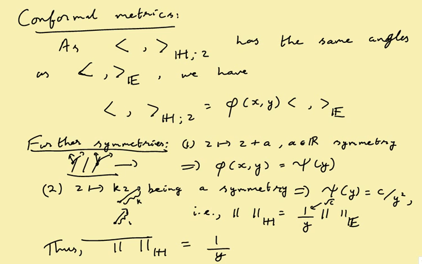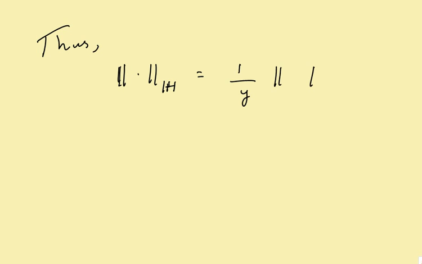Okay, I think this deserves a new page. So thus the hyperbolic norm is 1 over y times the Euclidean norm.